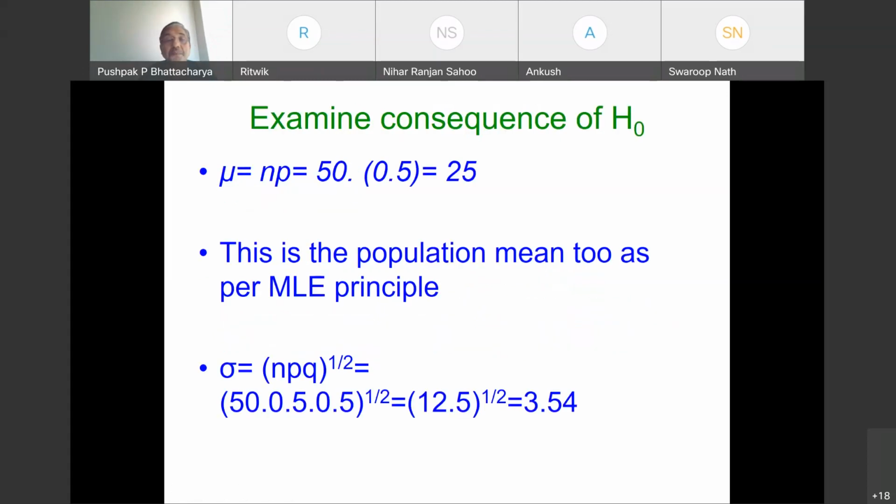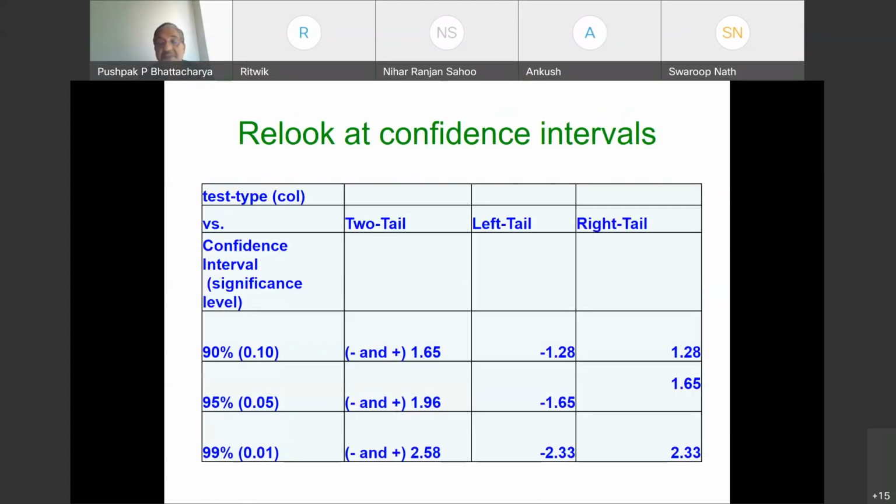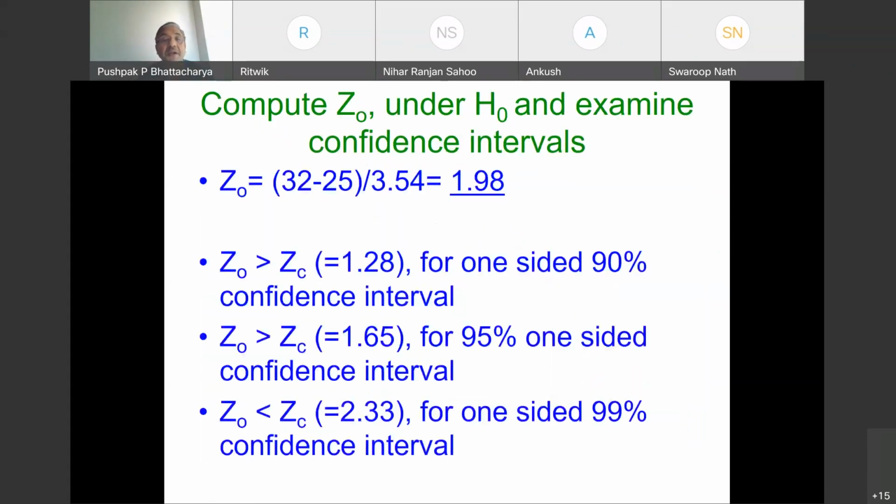So let's see. We have the population mean mu as 25. This we have understood. If we take samples of size 50, then on an average we will get 25 correct tags, and that will be the population mean as per maximum likelihood estimate, and the standard deviation is 3.54. Now we have another instrument available to us.